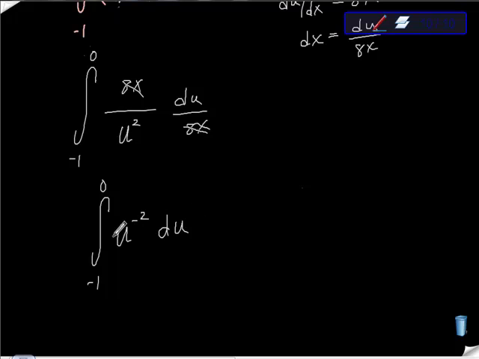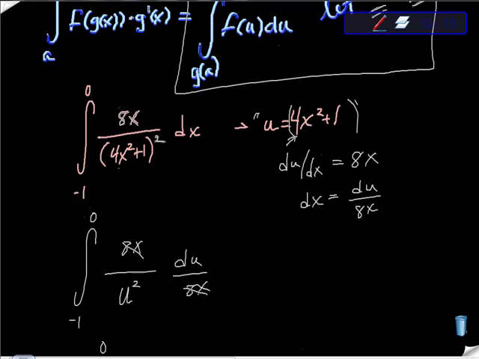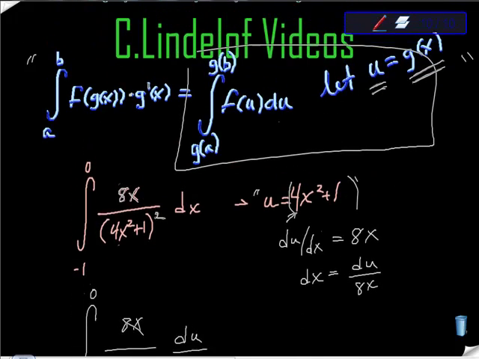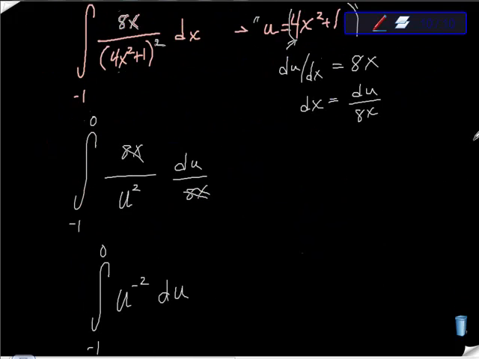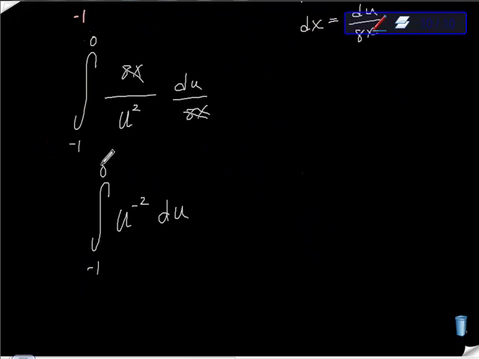If I had done that, then my math would have been correct. I left it a little bit vague. I apologize, but let me clean it up for you. Because what it says clearly up here is that we can integrate in terms of u if we use this substitution. So instead of negative 1 to 0, I get g of negative 1 to g of 0.